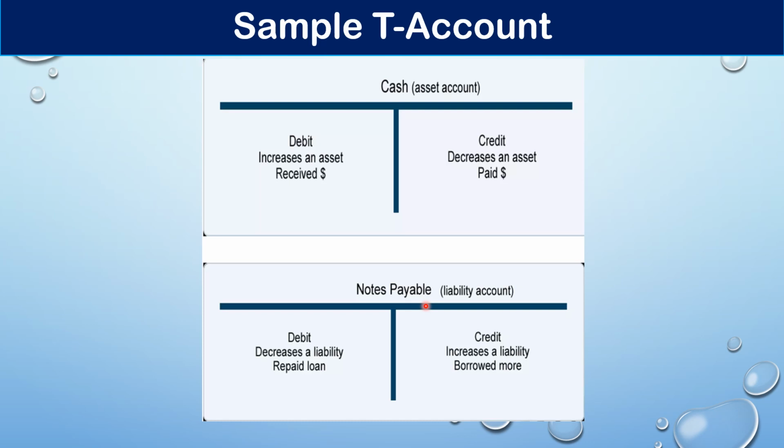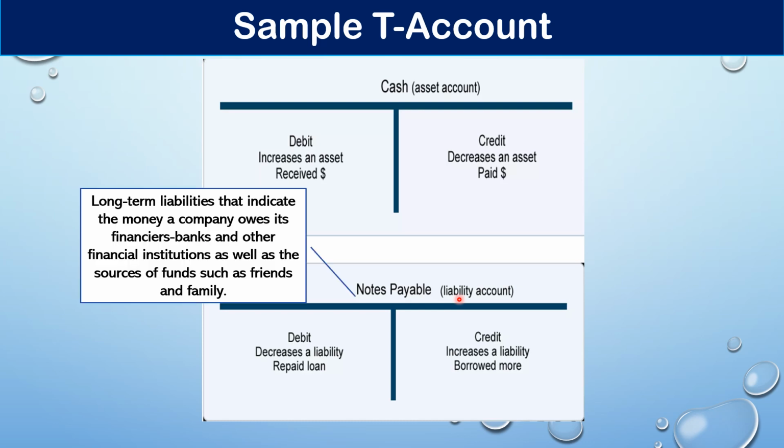The next figure here is about notes payable. When we say payable, we all know that it belongs to the liability accounts. What is notes payable? Notes payable are long-term liabilities that indicate the money a company owes to its financiers, banks, and other financial institutions, as well as sources of funds such as friends and family.